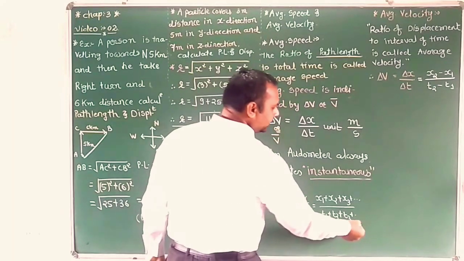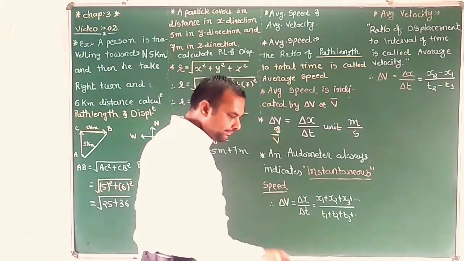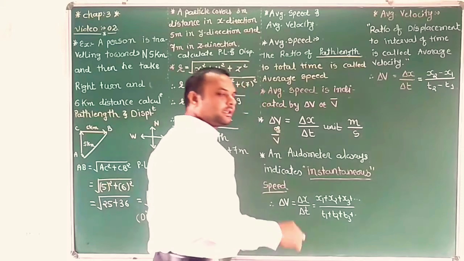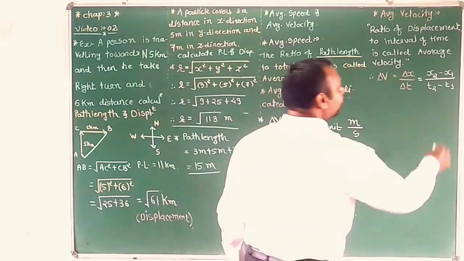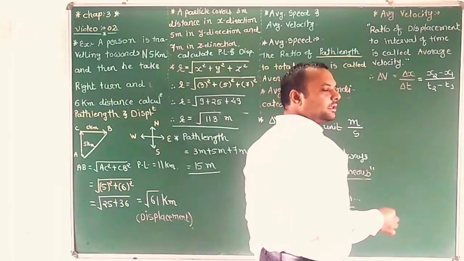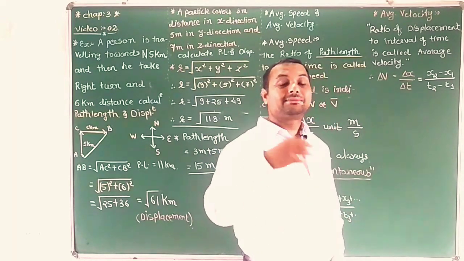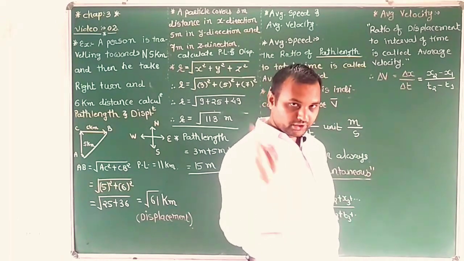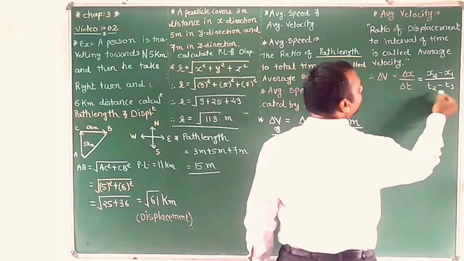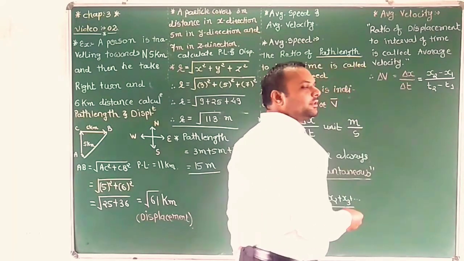That leads you to the total distance over the total time. Over here x2 minus x1 is the displacement, the change in position only, and this is the interval of time, t2 minus t1.